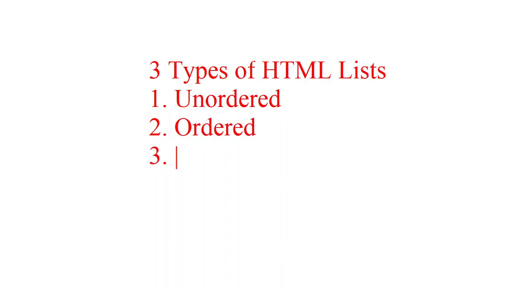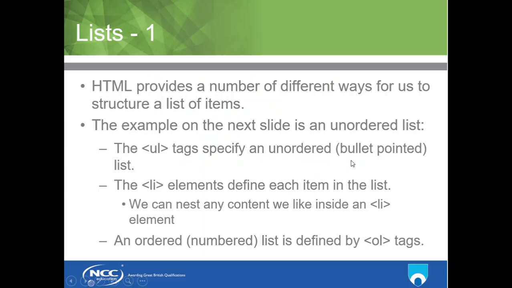Number three, we have definition lists. Unordered uses bullets to specify lists. Ordered uses numbers, like A, B, C, D, 1, 2, 3, 4, or the Roman numerals, etc. Definition lists, we are going to have a look at it. But those are the three types of lists.